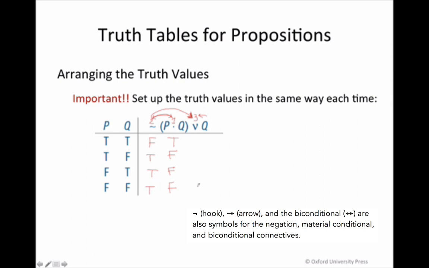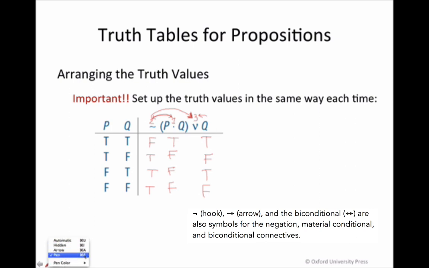And then lastly, we're going to compare these values under the negation with the values under Q. Now, if it helps you visually to keep order, you can always plug the values of your simple sentences underneath their appearance in a given sentence.